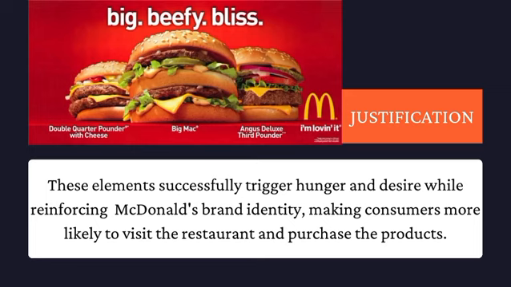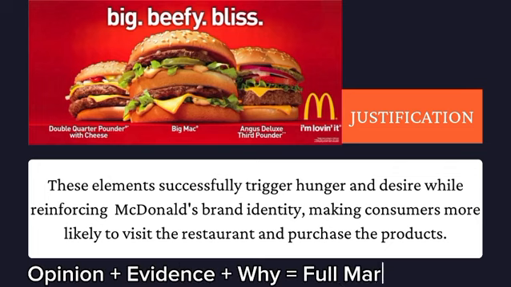Notice, I provided my opinion, highly effective, and offered specific evidence, food photography, colors, and headlines, and explained why it works: it triggers hunger and reinforces brand identity. That is how you answer effectiveness questions: opinion plus evidence plus explanation.